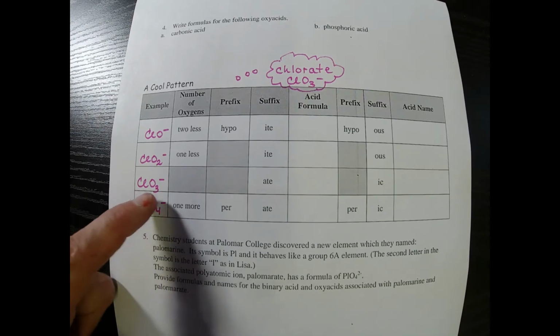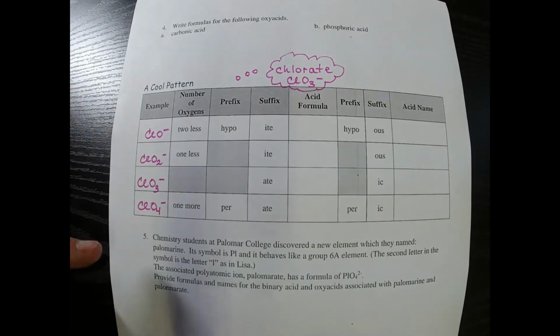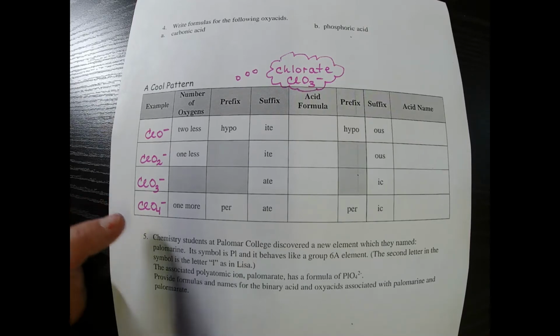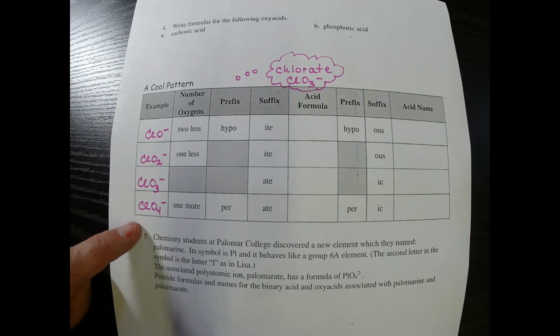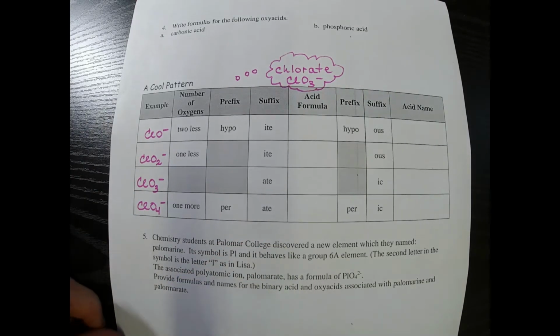And so I wrote in chlorate right here next to ate. Now, if you add one more oxygen to that ate version, and you're going to keep the charge the same on all of the polyatomic ions in the series, then you're going to wind up with perchlorate when you add that extra oxygen.